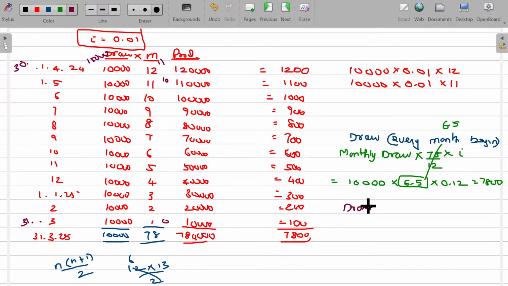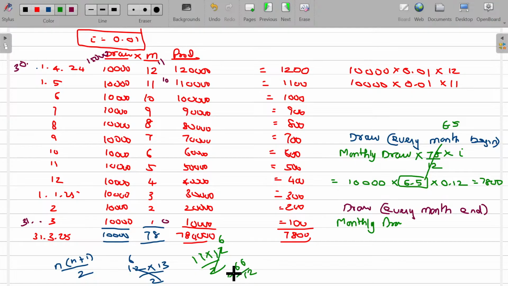Drawing every month end, how will you calculate? Monthly drawings, how will you get the value? Only 11? No. 11 into 12 by 2, that is 66, then 66 by 12 to convert back to the year.